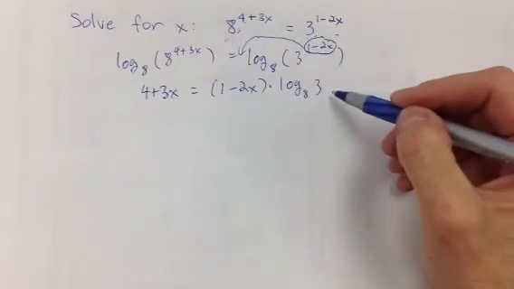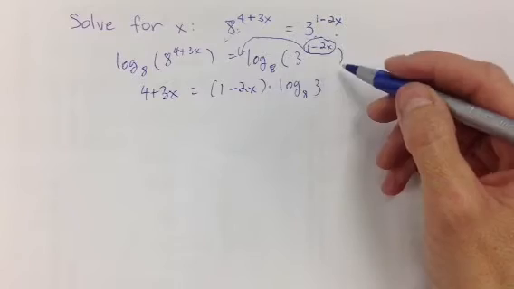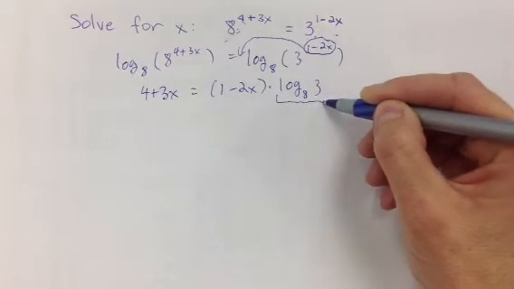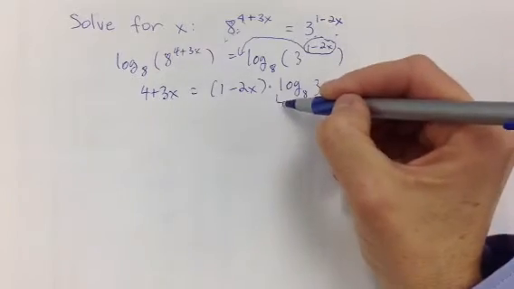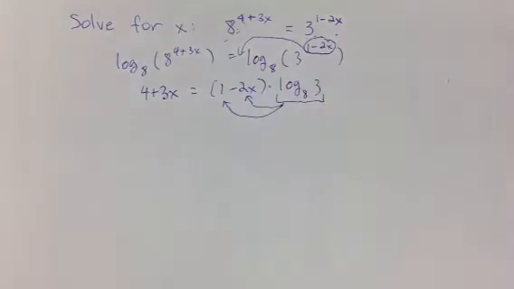Now, log base 8 of 3 is a number. I don't know what it is as a decimal approximation, but it is a number. So I'm going to take this number here and distribute it to the 1 and to the minus 2x.